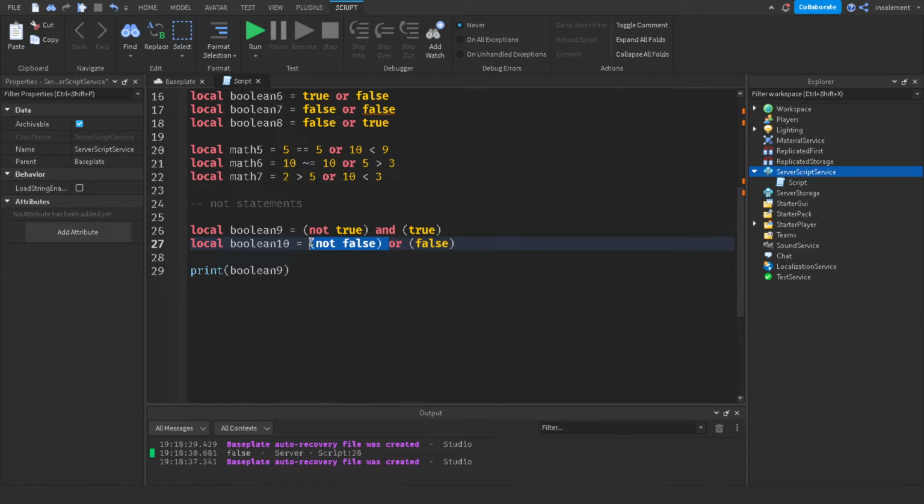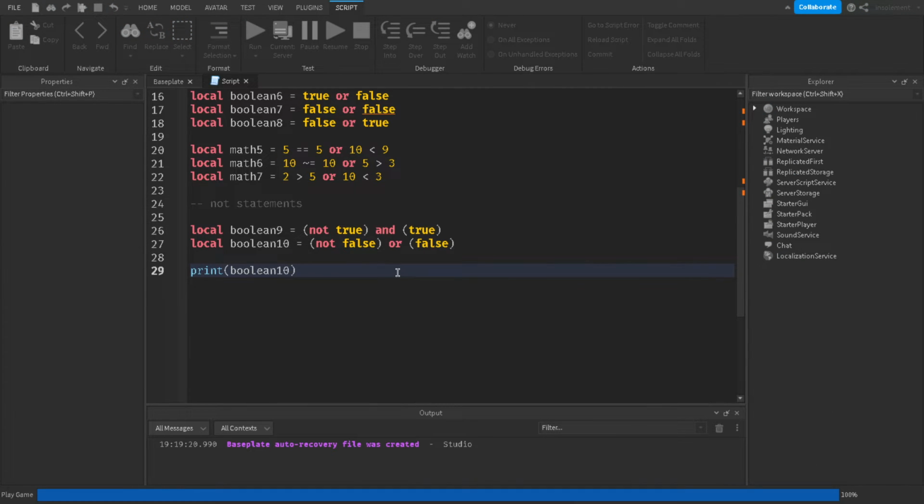So this would be true. And OR statements, they need one expression to be true. So we have a true here, but we have a false here, right? But our true here would make this entire statement true. So if I were to run it, it would be true.